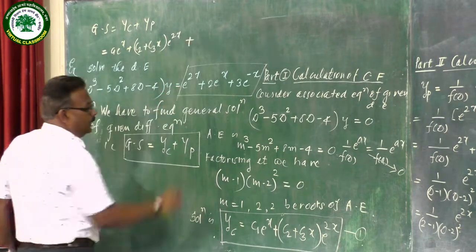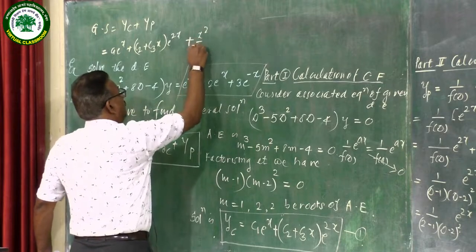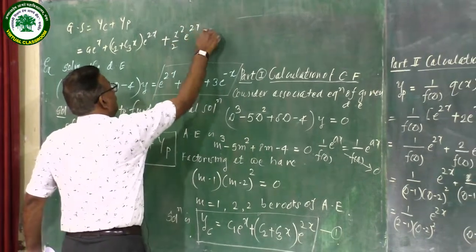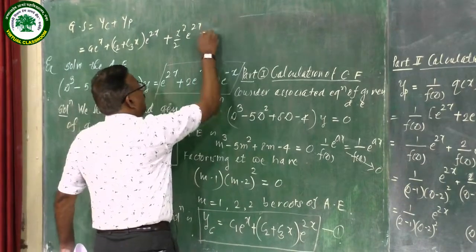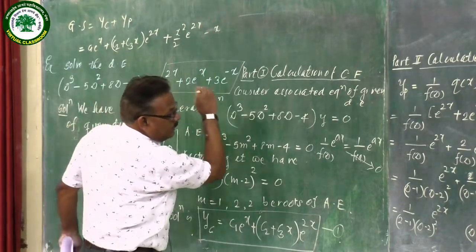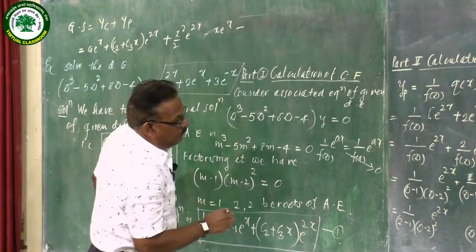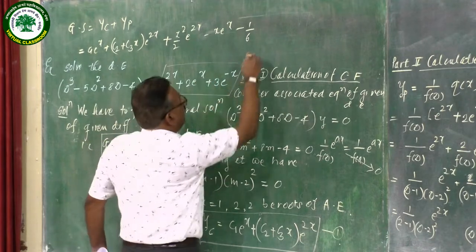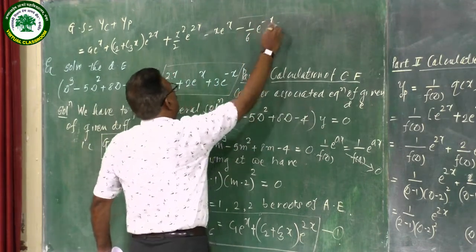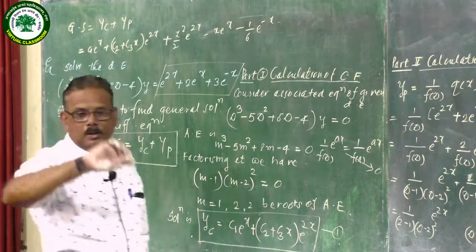The particular integral is again x square divided by 2 e raised to 2x, plus minus x into e raised to x, and lastly minus 1 by 6 e raised to minus x, and this is the general solution of the given differential equation. Okay, thanks.